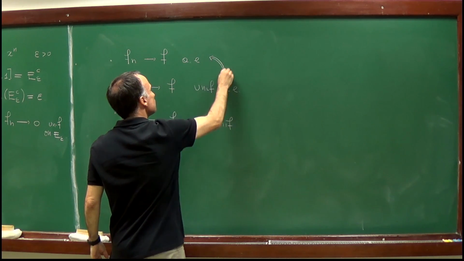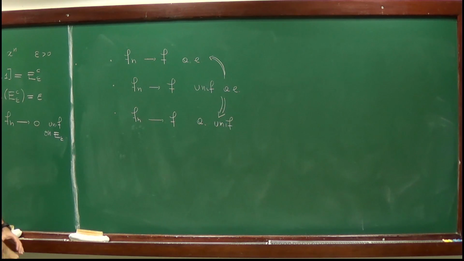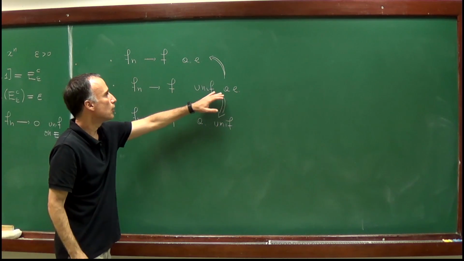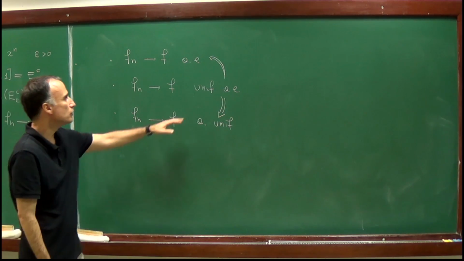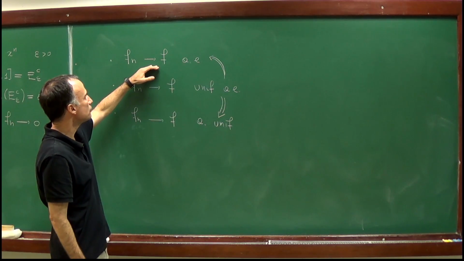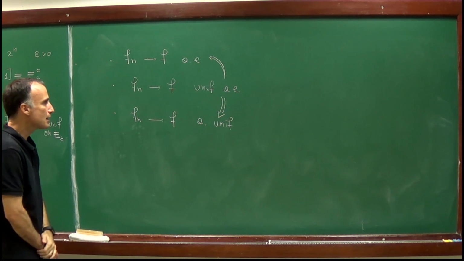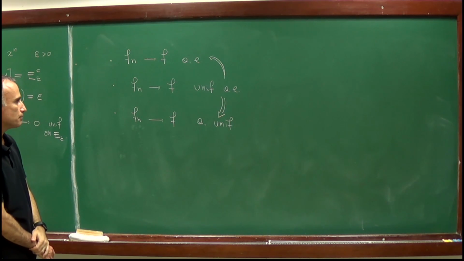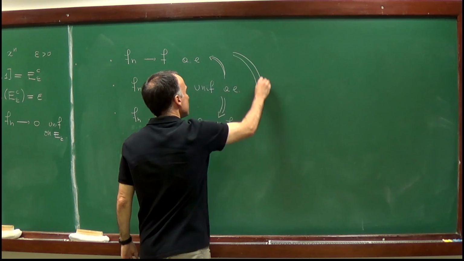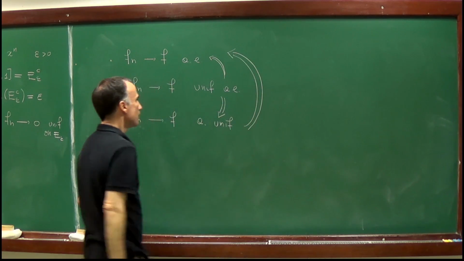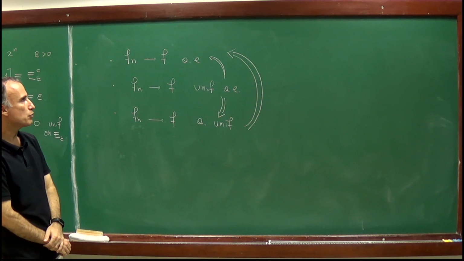So it implies both. If you have uniform almost everywhere convergence, well, outside the set of measure 0 you have uniform convergence, so that you have almost sure convergence, and you have almost uniform convergence. So this one is clearly the strongest one. Now, what I claim is that if you converge almost uniformly, you converge almost everywhere.